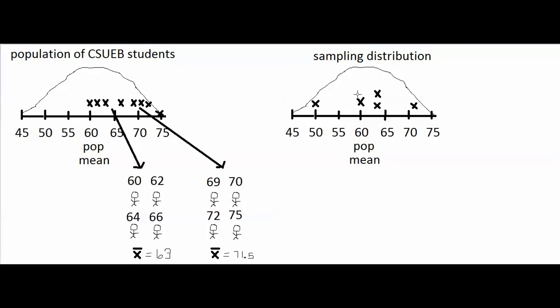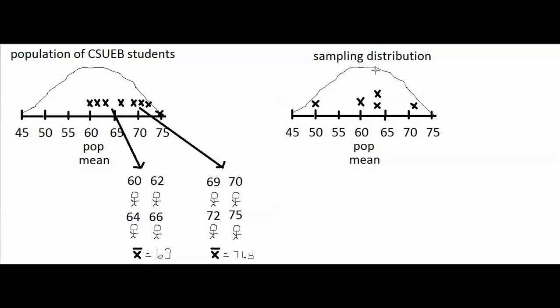And the reason why the curve is taller in the middle and shorter in the tails is because most of the possible groups of 4 people will have sample means near the population mean. If I took a bunch of different samples of 4 people over and over again and calculated the mean of each one, most of the sample means would be in this area near the population mean.